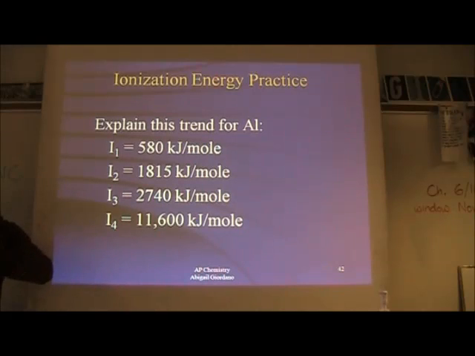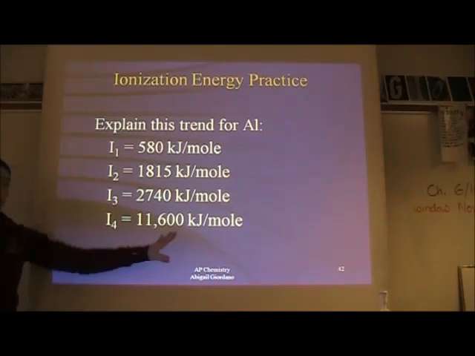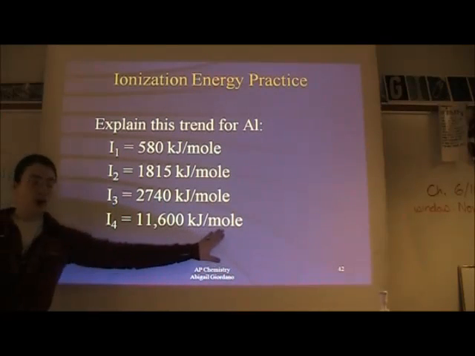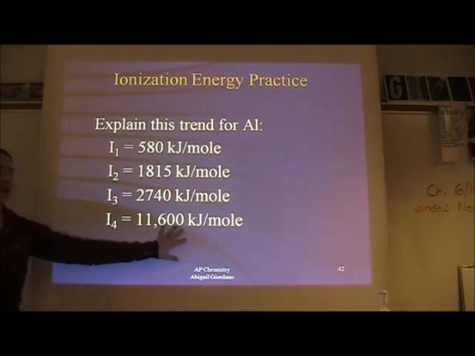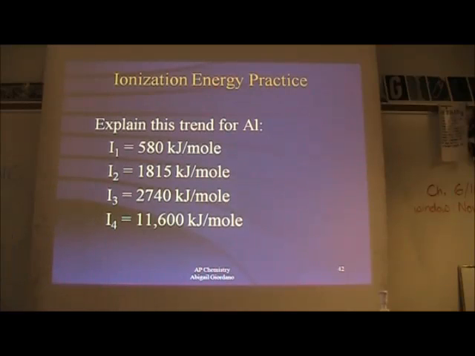The only thing I would change is instead of saying it's harder to, say more energy is required to remove a core electron from a what, everybody? From a full energy level. More energy is required to remove a core electron from a full energy level than a valence electron.